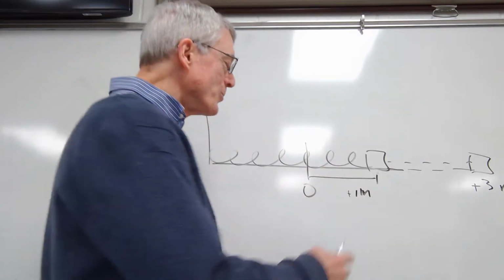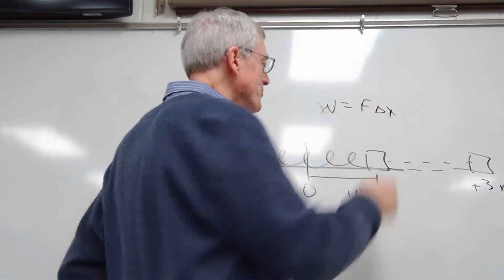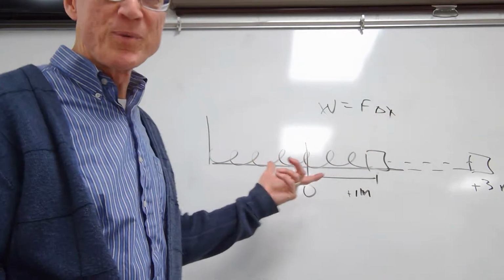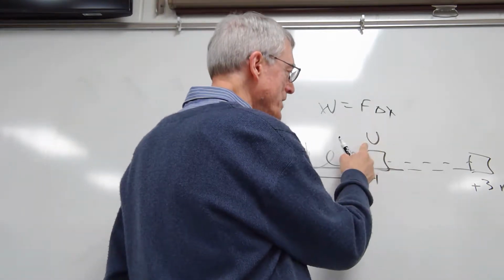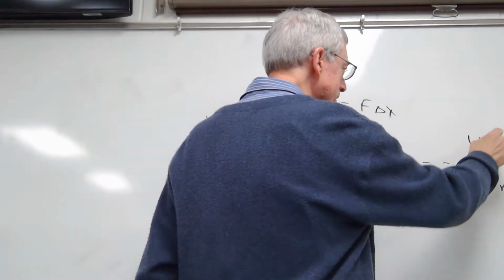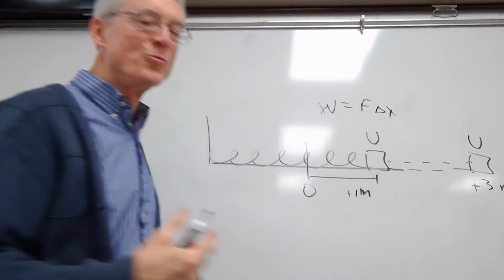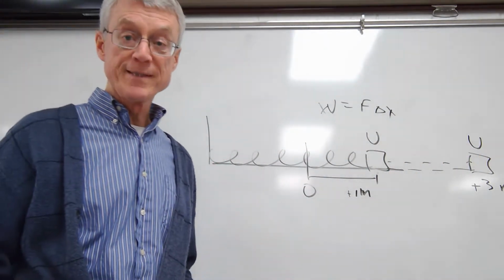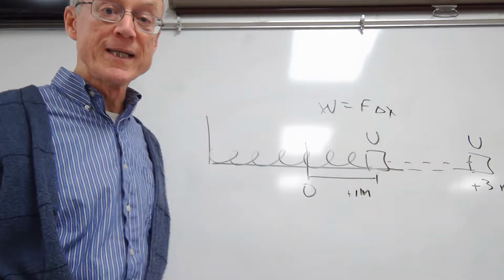Well, how much? We can't use force times displacement because we don't know anything about the force of the spring. But we can use potential energy here and potential energy here. The difference in potential energies must be the work done by the spring, because there's no friction or any work being done by anything else.